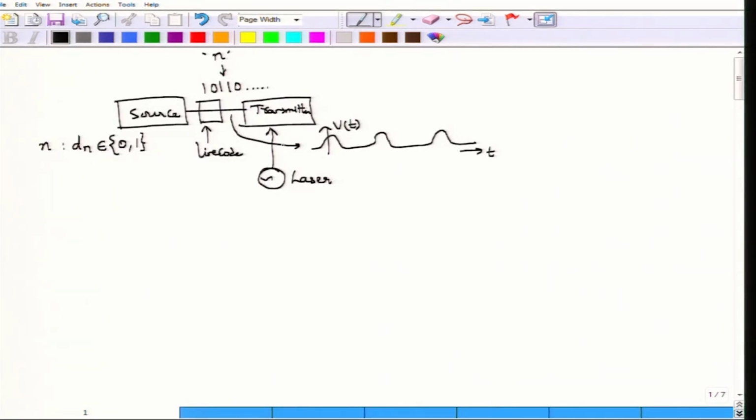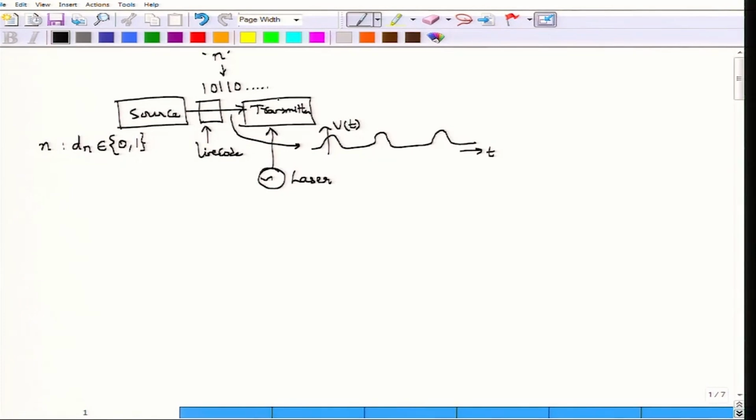So, the light coming from the laser will be modulated according to the pulses. Remember, these pulses which are input to the transmitter are the outputs of the line coding block, which means that these pulses directly represent the information or the bit sequence that would be transmitted over the fiber. So, you have bits, bits are converted to pulses, pulses are in the electrical domain, voltage or current, which then has to be converted onto the optical domain by this optical transmitter.